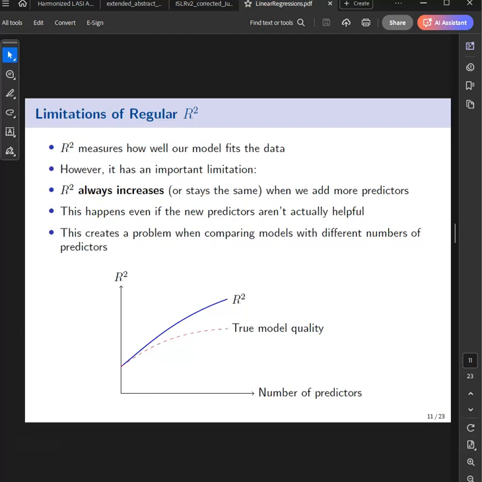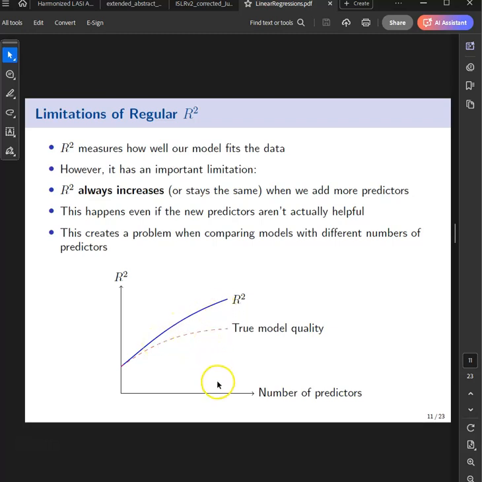Look at this graph here. Suppose if we increase the number of predictors, the true quality of the model first increases and then it declines. So suppose this is the true link between the model quality and the number of predictors. What we have over here is that if we just look at the R squared, it will monotonically increase.